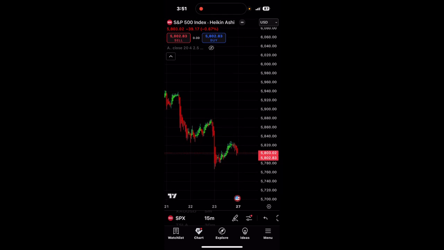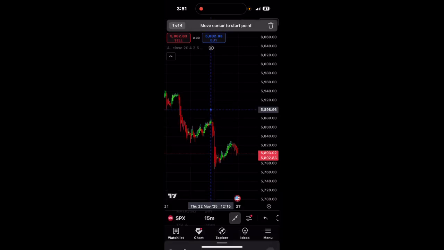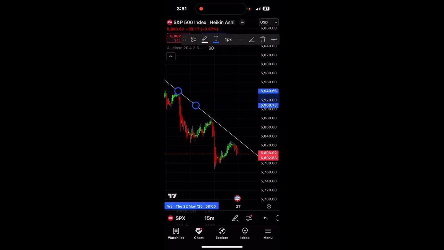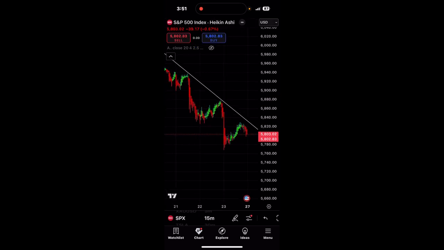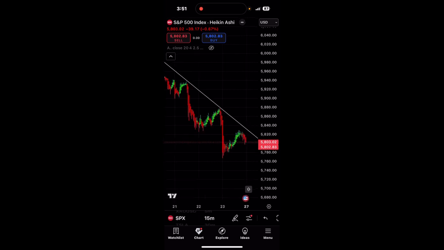But you can see if you did it on a 15 minute, it's not going to be in an uptrend. You see a point here, and it's touching here. So on a 15-minute level, it is on a descending path down.